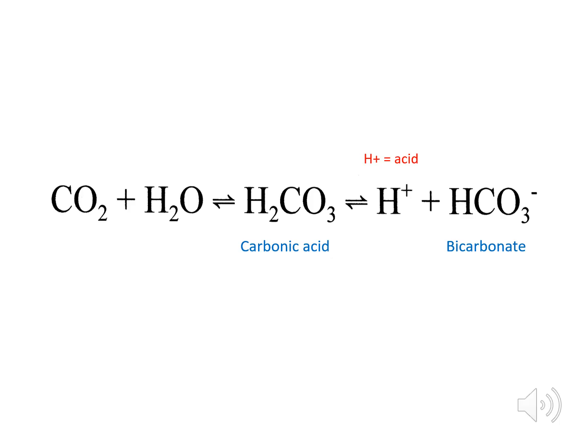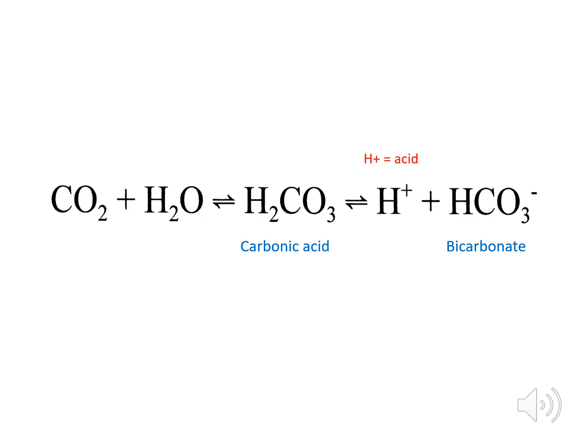For example, if the pH gets too acid, the bicarb component of the buffer system is going to jump in, pick up some of that extra acid, and change into carbonic acid. Now, maybe you're wondering, how does that help? Because carbonic acid is still an acid, right? But here's the thing.